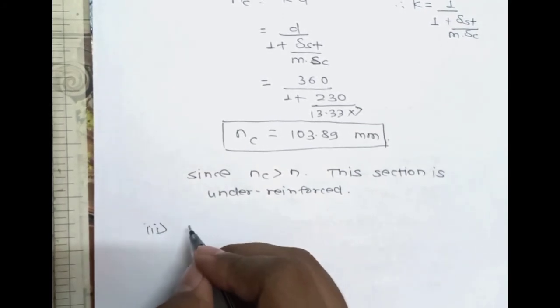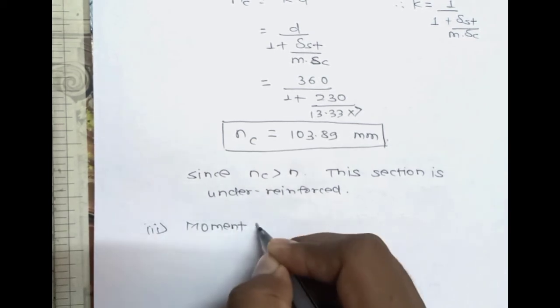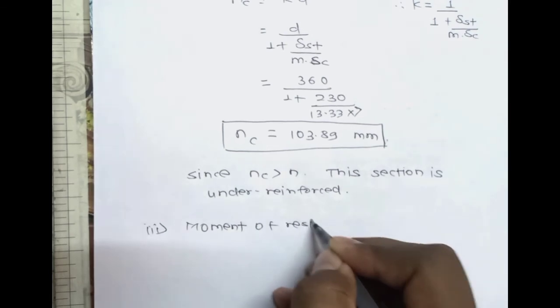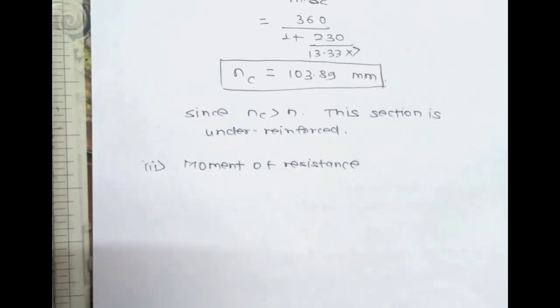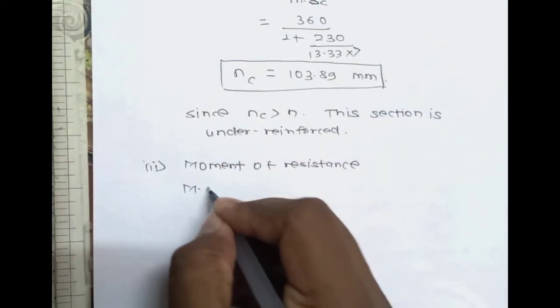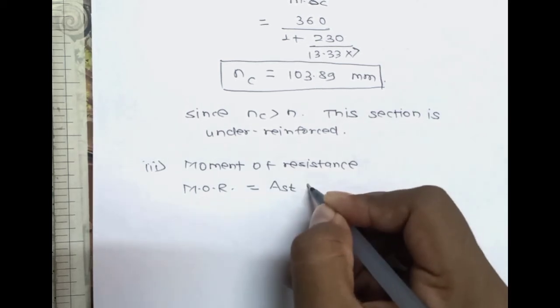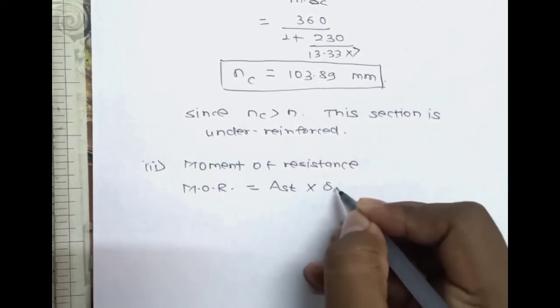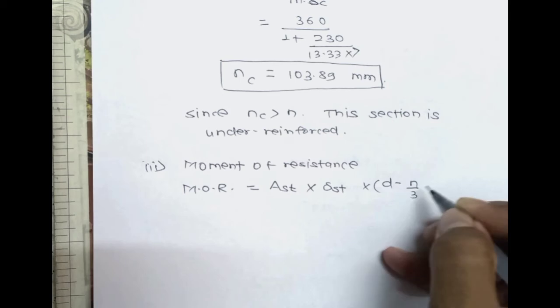For this, you should know the moment of resistance formula. For the under reinforced section, the formula of moment of resistance is area of steel into permissible stress in steel into d minus n by 3.